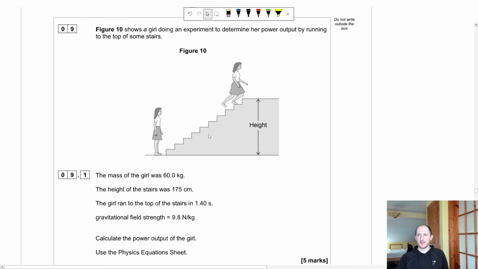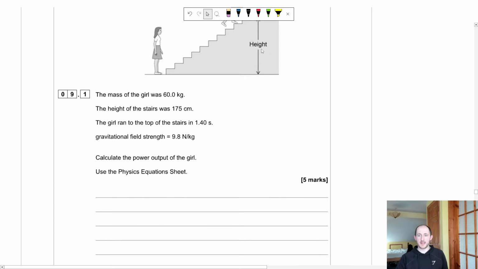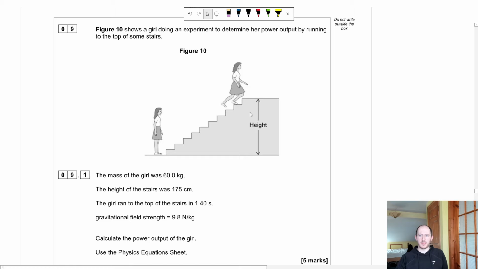And here we have a girl trying to do an experiment to determine her power output by running to the top of some stairs. So essentially what she's going to do here is convert kinetic energy in terms of the running into gravitational potential energy, because whenever you go up a height, however you may do it, whether you jump, you go upstairs, you go up in an elevator, you are transferring energy into gravitational potential energy.